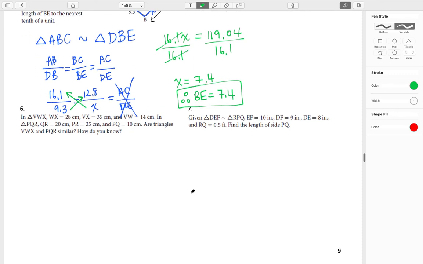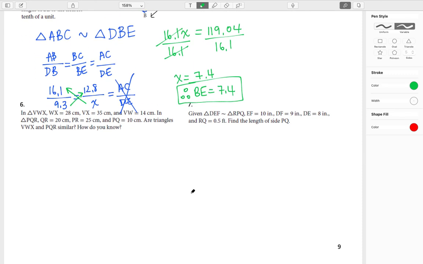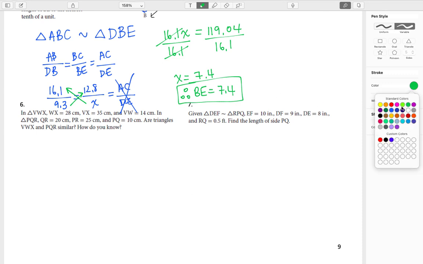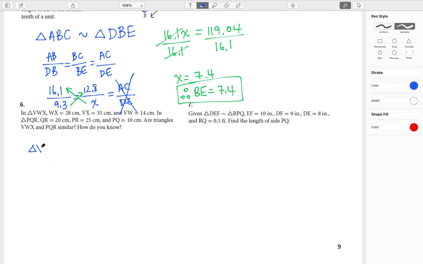Okay. Now next, let's try number 6. This time it doesn't give us a triangle, so we have to figure it out. We are given two triangles here: triangle VWX and triangle PQR.